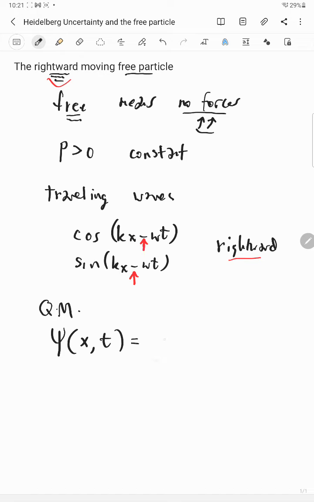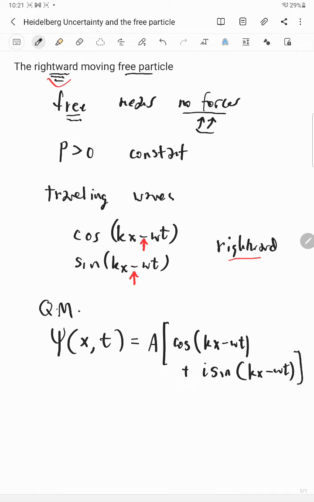I'm going to write it this way. So there is some normalization constant, and then it multiplies just a simple combination of sine and cosine waves.